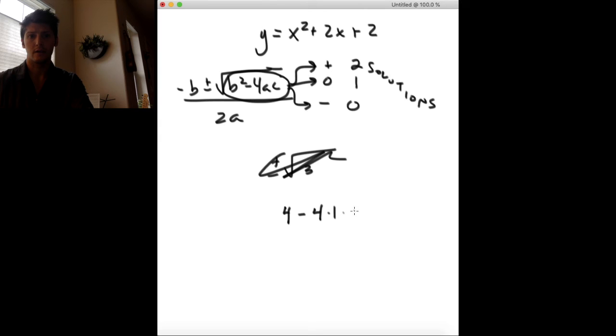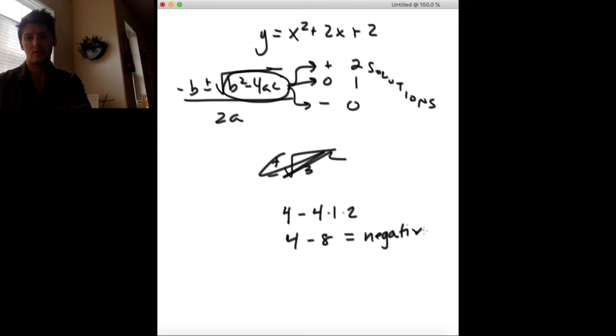And look, 4 minus 4 times 1 times 2 is negative 4. That's a negative number. And that means negative. Can't spell very well today. Negative. So that means 0 solutions. You could say that means 0 x-intercepts.